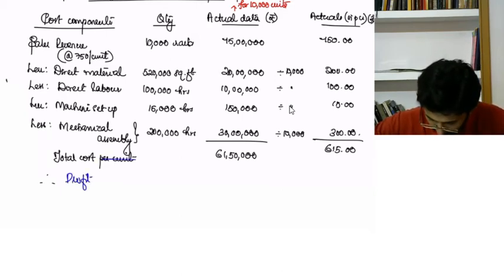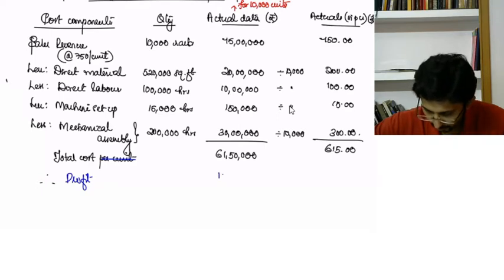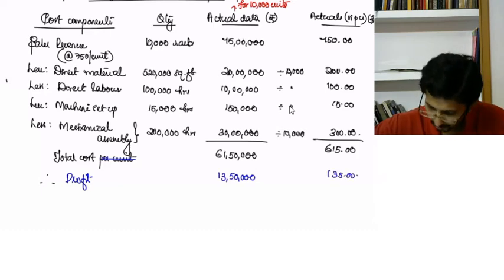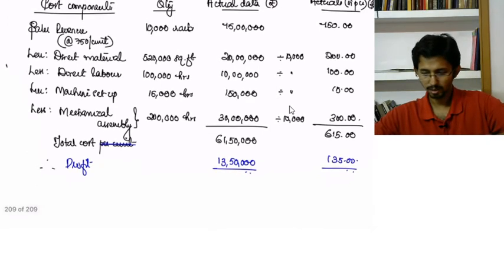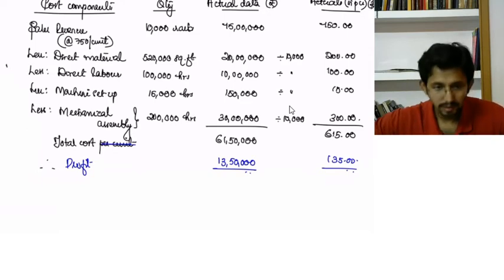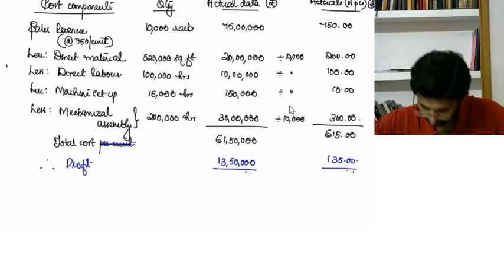Therefore profit. Profit will be 75 lakhs minus 61 lakh 50,000, which will give you 13 lakh 50,000. This will be 135 per unit. Is it clear? Okay. So it means that you are required to calculate the current cost.